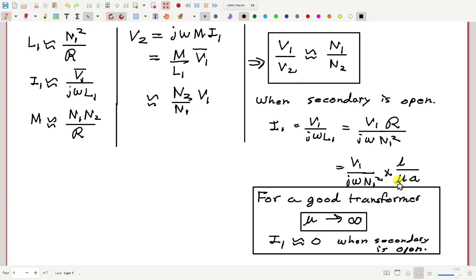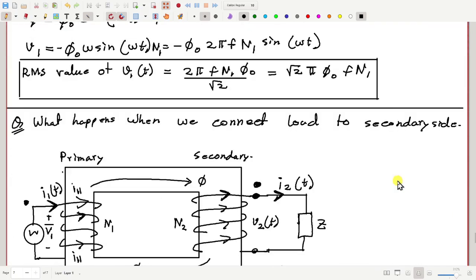That is what I am saying, no? Yes. So since L is proportional to mu, it means I1 will also not be that large, no? I mean to say I10 plus I11, the final.